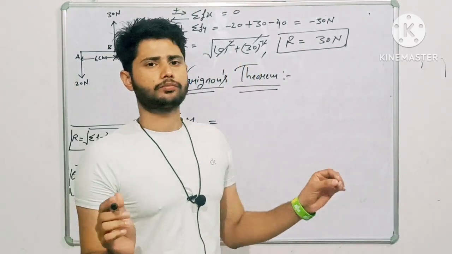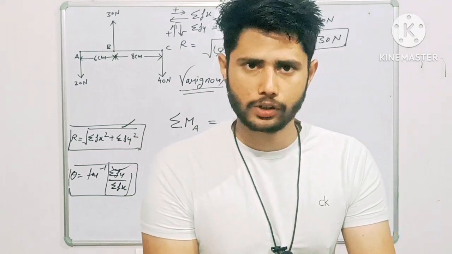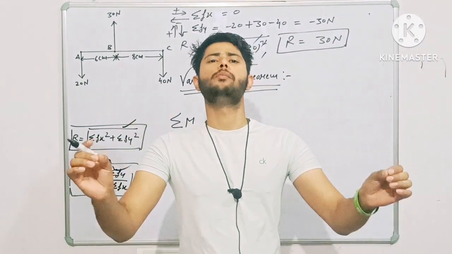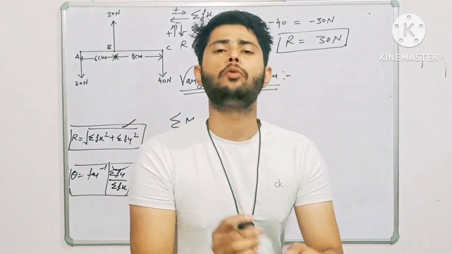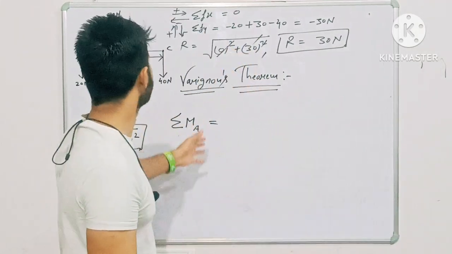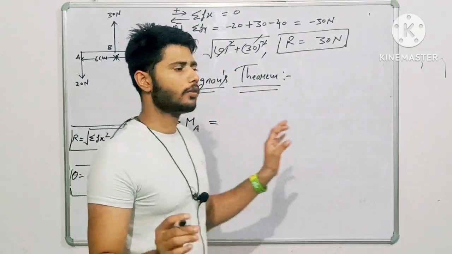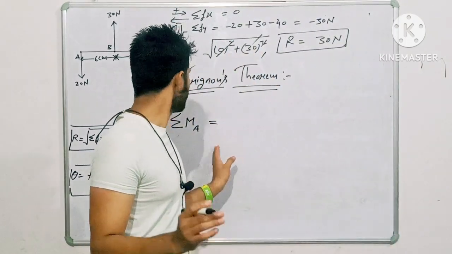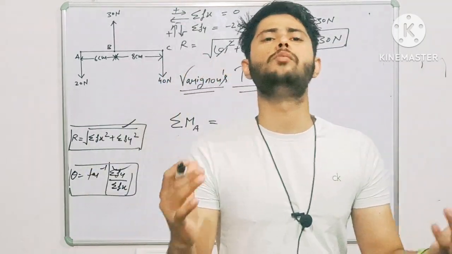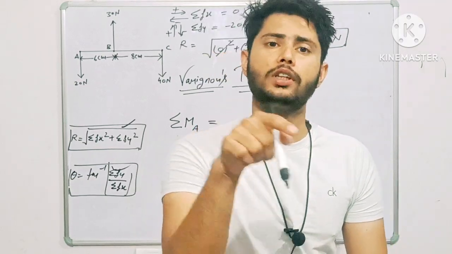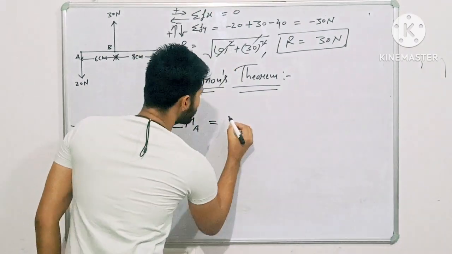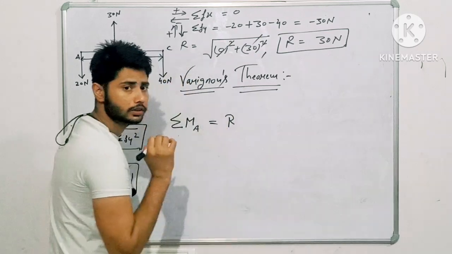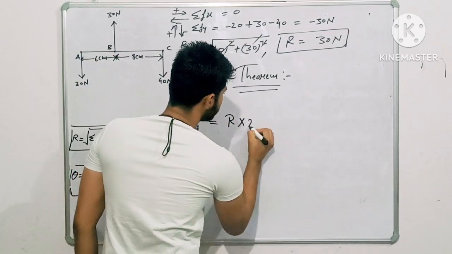According to Varignon's theorem, if a number of forces are acting on a body, then the algebraic sum of moments of all the forces about any point, which means we have to take moments from point A according to the question, will be equal to the moment of the resultant force about the same point.